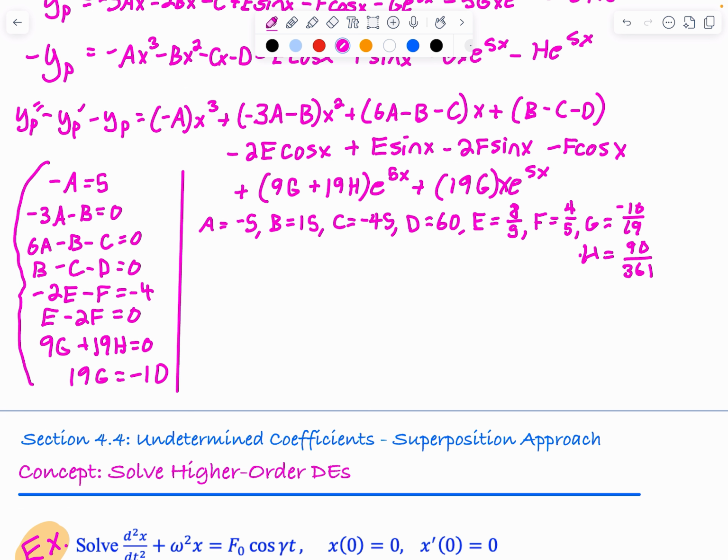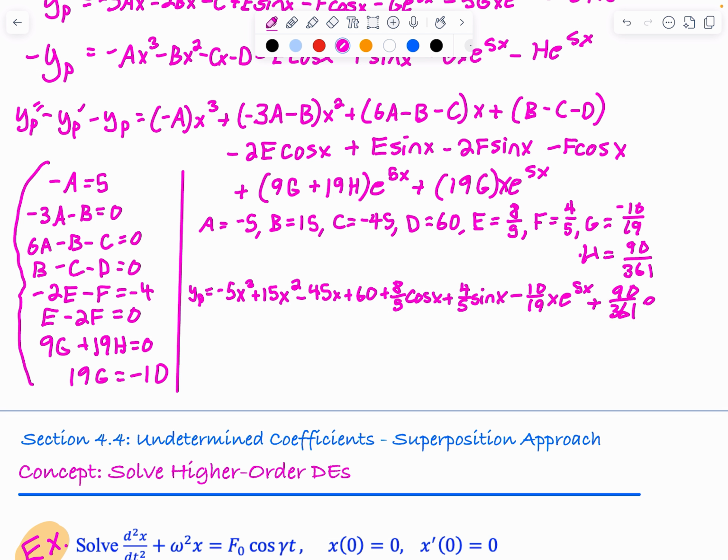So we get y sub p. We got to write small here. I get negative 5x cubed plus 15x squared minus 45x plus 60 plus 8 over 5 cosine x plus 4 over 5 sine x minus 10 over 19 x e to the 5x plus 90 over 361 e to the 5x.